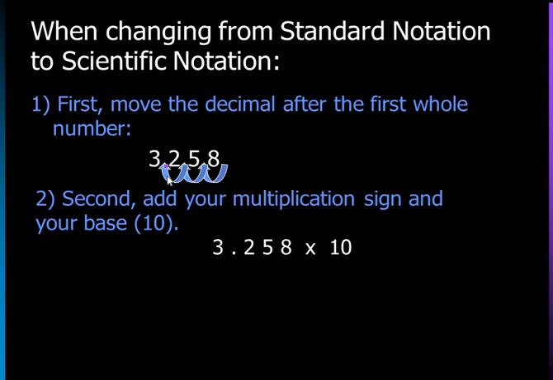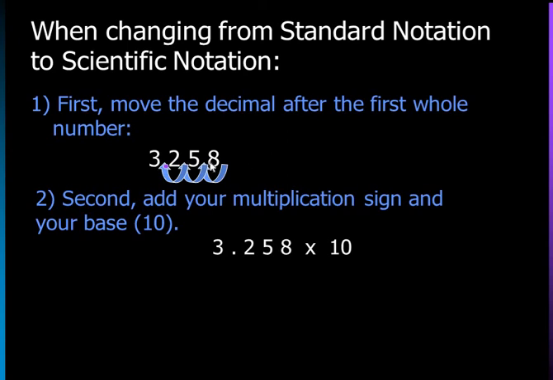Now I will write it in the scientific notation form like this. Then I will write 10. Now I have to find n. n equals the number of digits or spaces you have moved the decimal point.